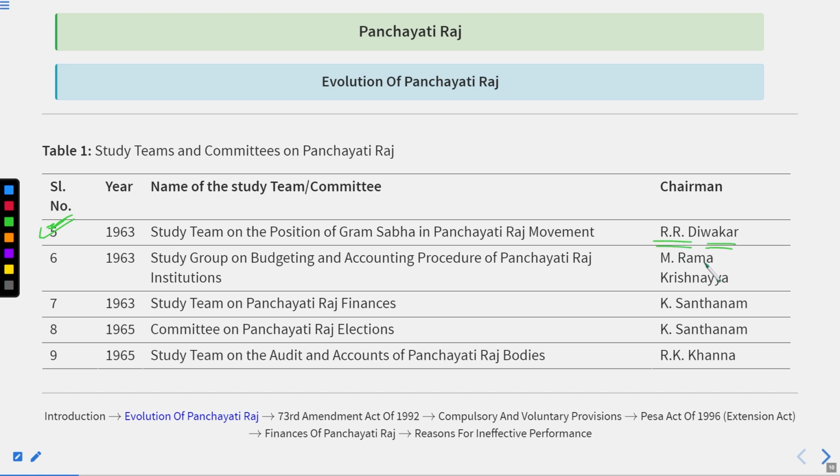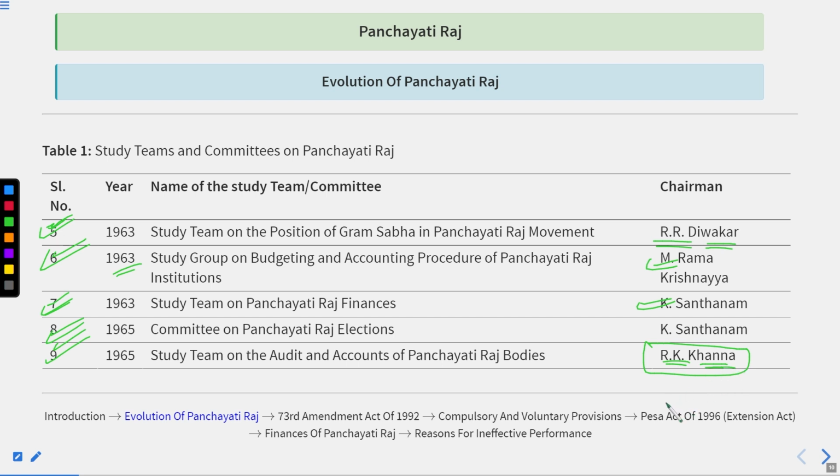Chairman was R.R. Divakar. In 1963, Study Group on Budgeting and Accounting Procedure of Panchayati Raj Institutions by M. Rana Krishnaiya. Thereafter, in 1963, Study Team on the Panchayati Raj Finances by K. Santhanam. In 1965, Committee on Panchayati Raj Election by K. Santhanam. In 1965, Study Team on the Audit and Accounts of Panchayati Raj Bodies by R.K. Khanna.